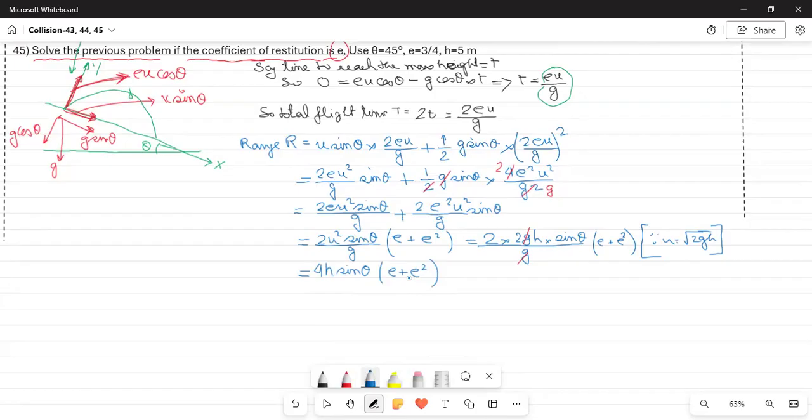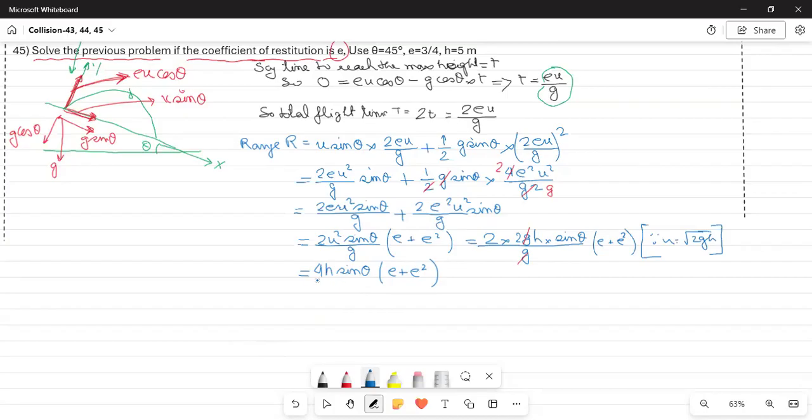Now, just for fun, you can check if there is no restitution, suppose it is a perfectly elastic collision, then e is 1. So e plus e squared equals 2.